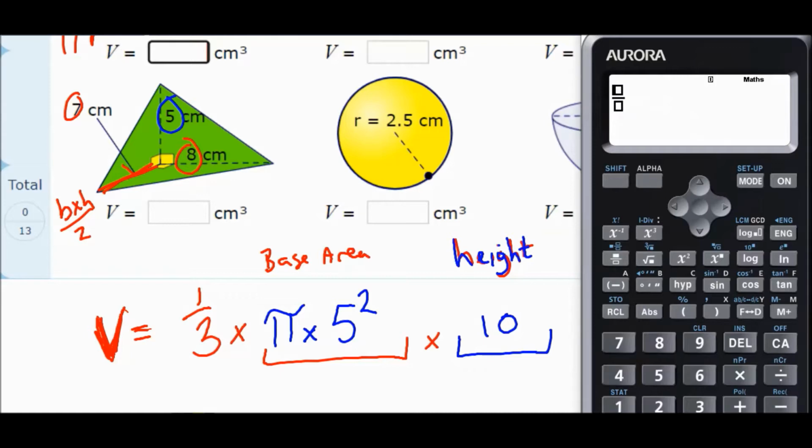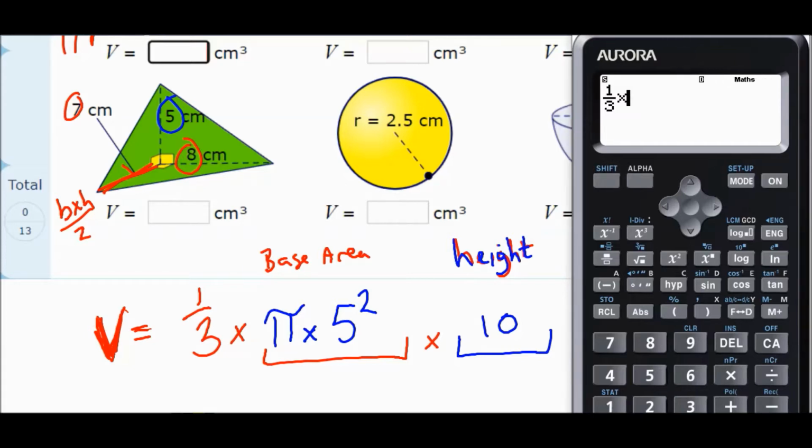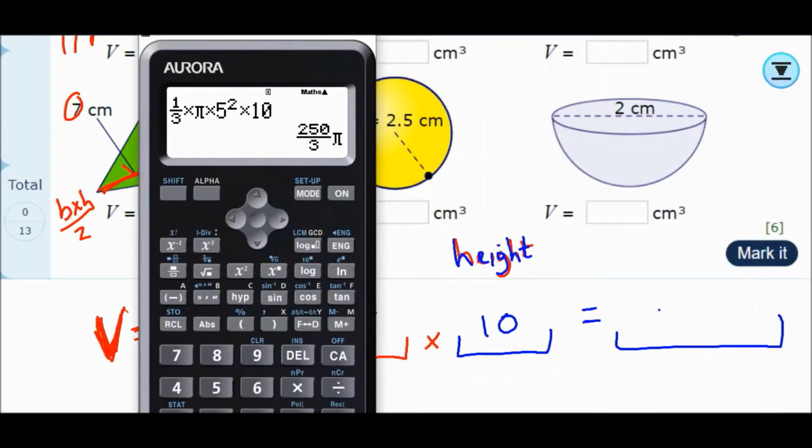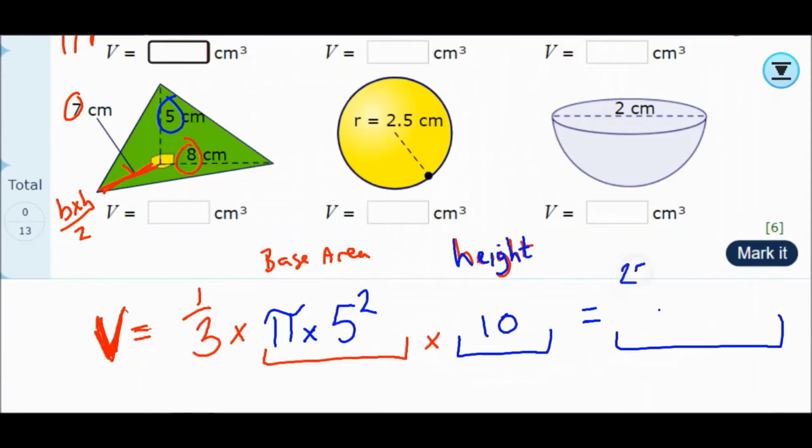We've got the same formula, 1/3 multiplied by pi. So we're doing shift pi multiplied by 5 squared multiplied by 10, and I can put it all in one calculation, and my answer would be 250 divided by 3 pi.